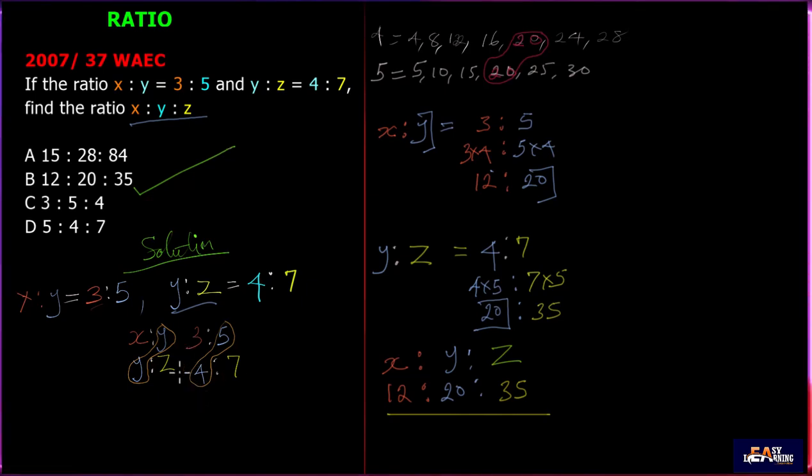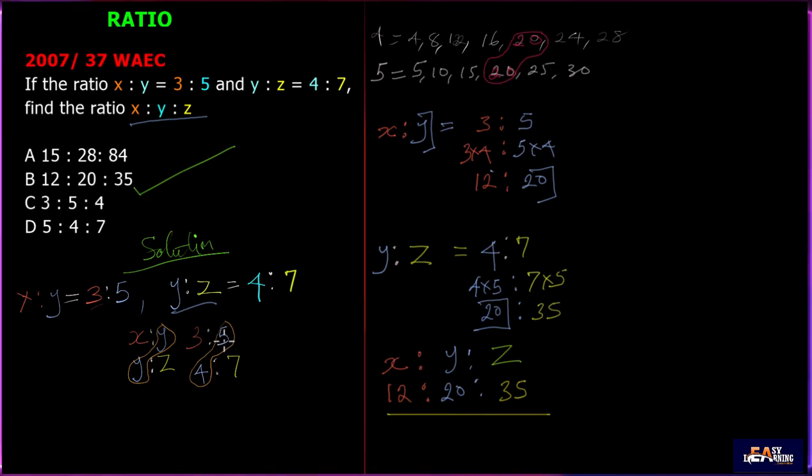So it was simple. We observed that there's a challenge. In this first ratio, y was 5, and in this second ratio, y was 4. So we had an issue. We needed to convert them to the same value.